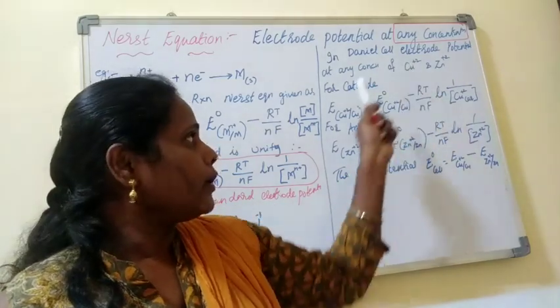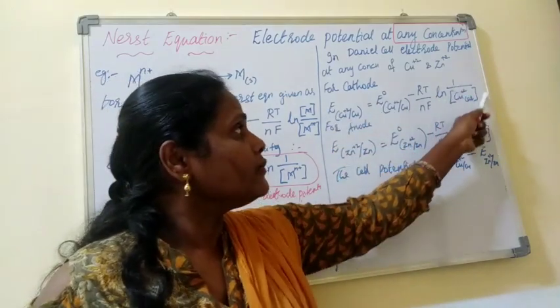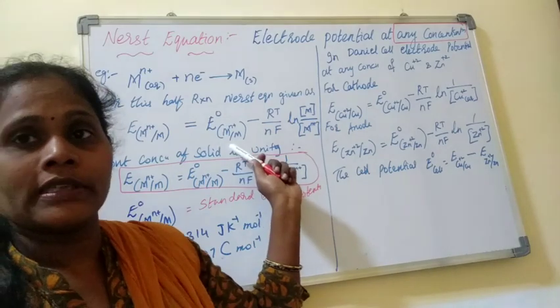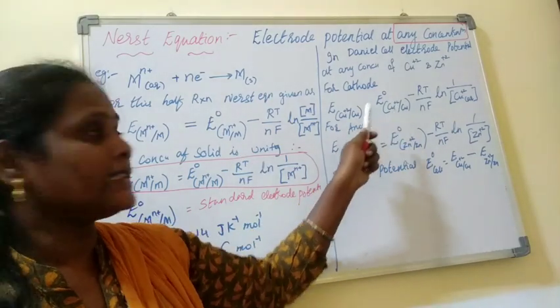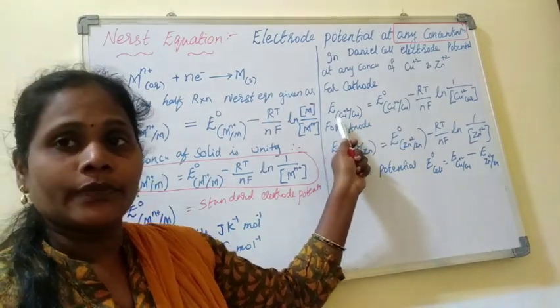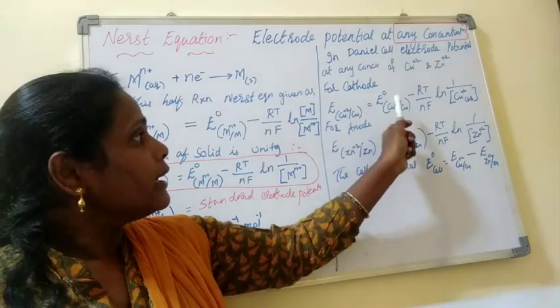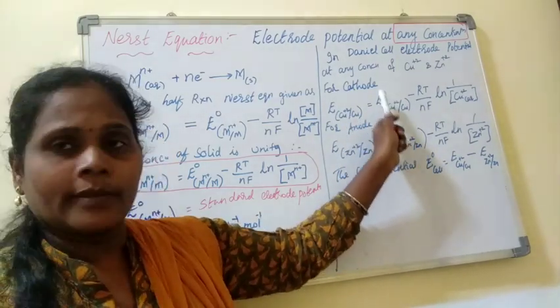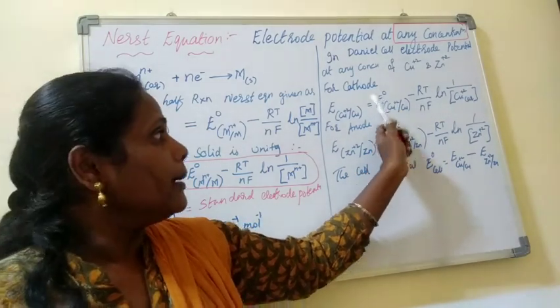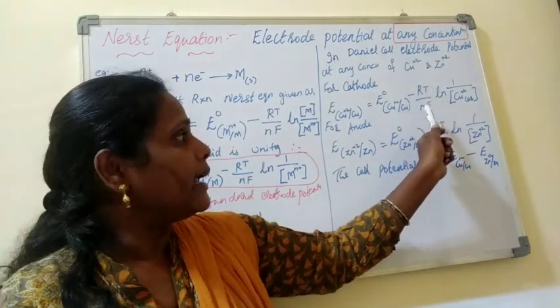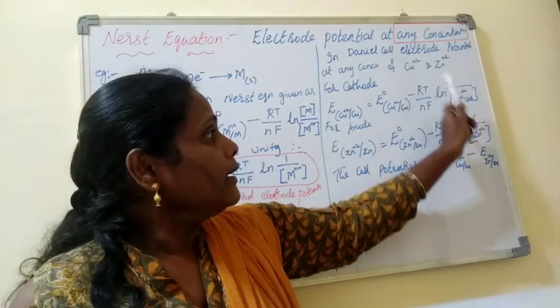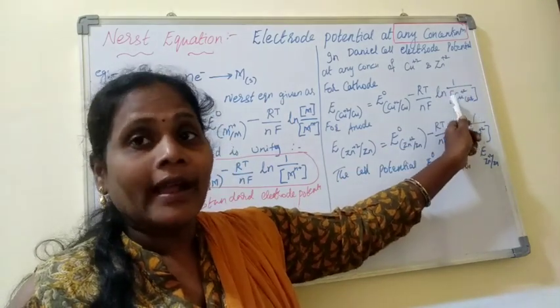Therefore, for the copper rod, the Nernst equation for this half cell can be given as it is. By using this, I have substituted here, instead of metal, I have written Cu: Cu^2+/Cu. It's E naught Cu^2+/Cu, the standard reduction potential, minus RT by nF ln of 1 by the concentration of the copper ions.